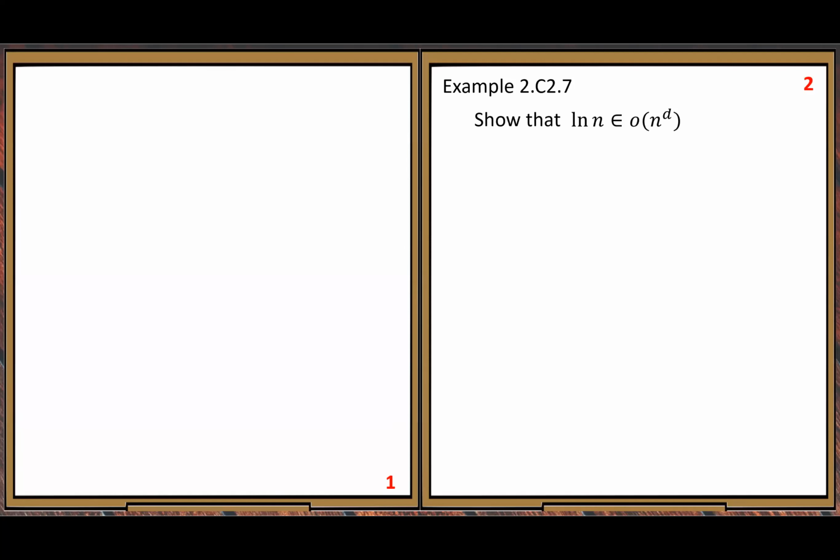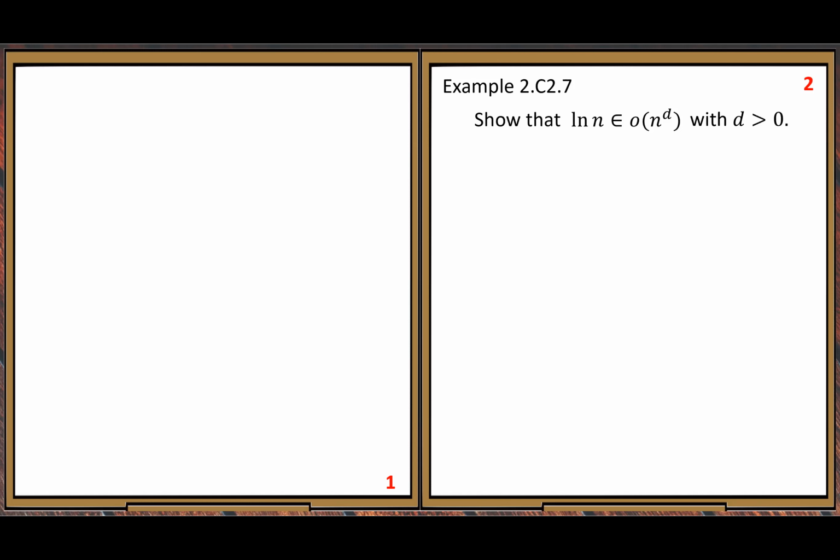This time we compare the natural log function, which belongs to little o of n to the dth power function, but what is that d number? We only require d is a positive constant, d greater than 0.